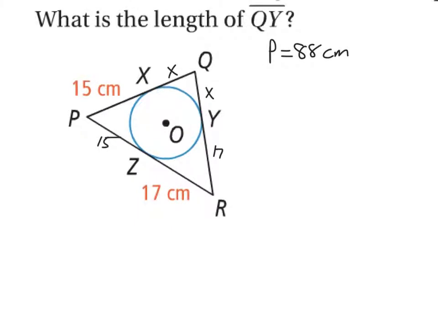We're going to do this the same way we did before, except now I know that 88, my perimeter, is going to equal 2 times x plus 2 times 15 plus 2 times 17. Again, if you would rather say x plus 15 plus 15 plus 17 plus 17, you can. I'm trying to shortcut stuff.